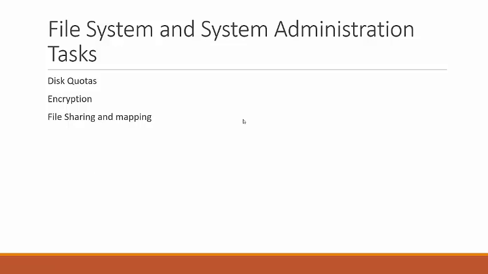So common tasks that we as IT people have to do with our file systems, well, we might have to set up disk quotas. Disk quotas are a way of keeping a single process or a single user from taking all your disk space. Right? Maybe you've allocated disk to your users. You've got 1 gig of disk space, and you've got 10 users.